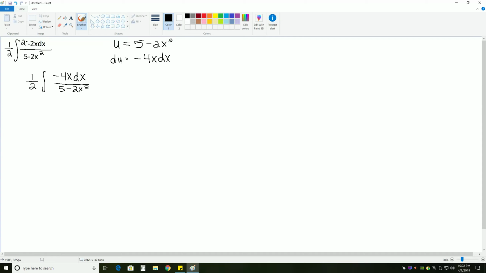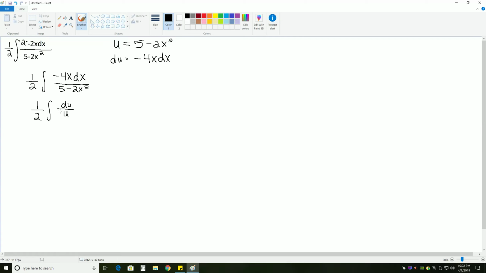Now we can plug in du because we have our negative 4x dx. So we get 1/2 times the integral of negative 4x dx is du over 5 minus 2x squared is u.